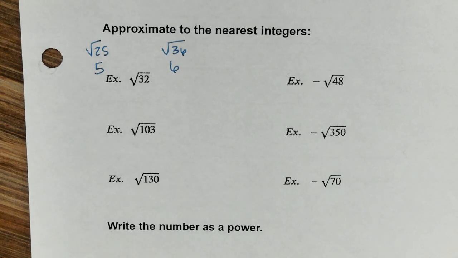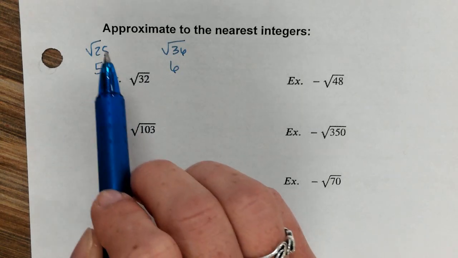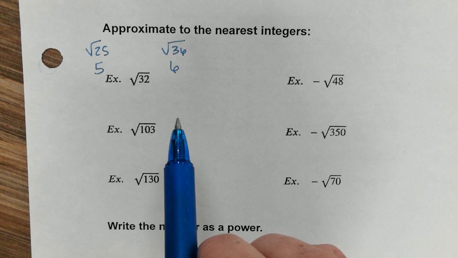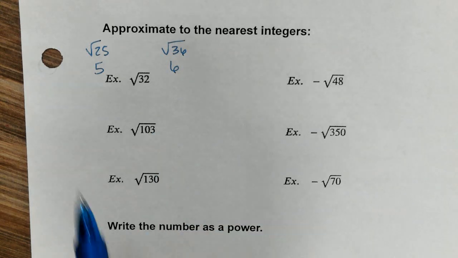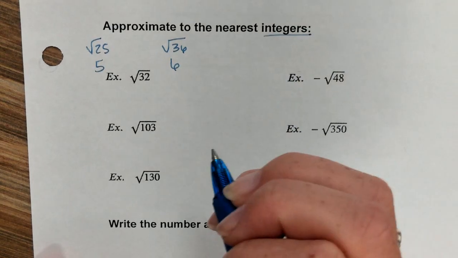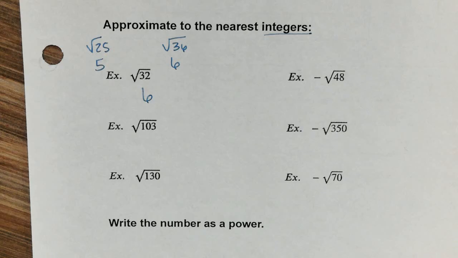Which one is it closer to? 25 to 32 is 7, and 32 to 36 is 4. Which one is it closer to? So if I'm approximating it to the nearest integer, which is a counting number, I would put it's closest to 6. So do y'all see how to do this without a calculator?